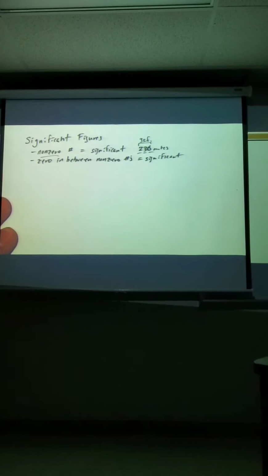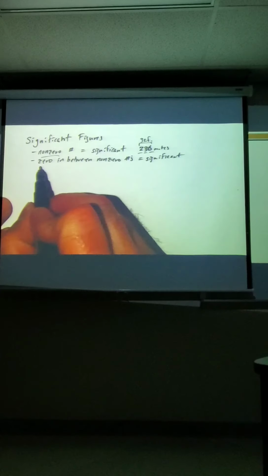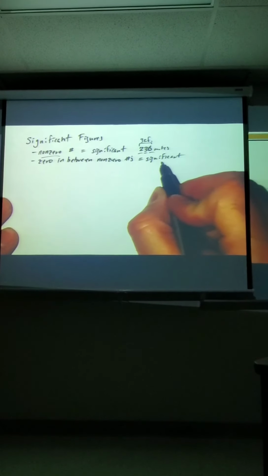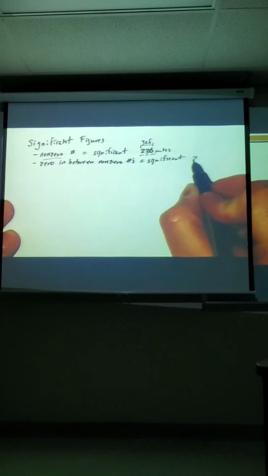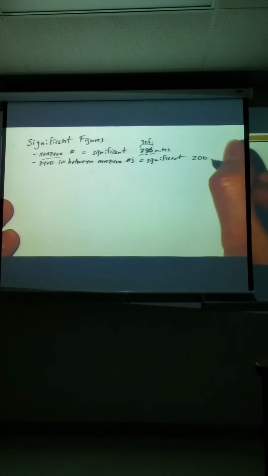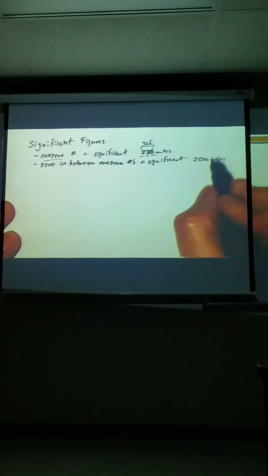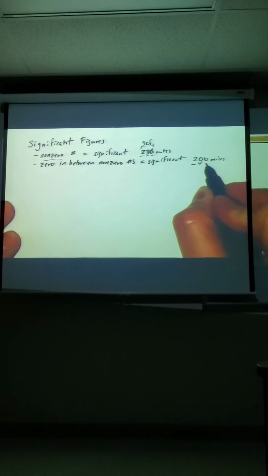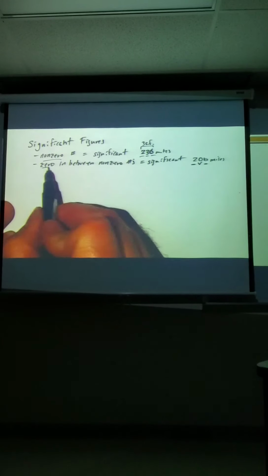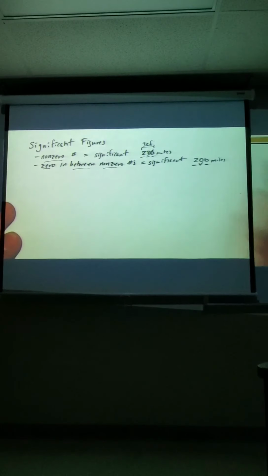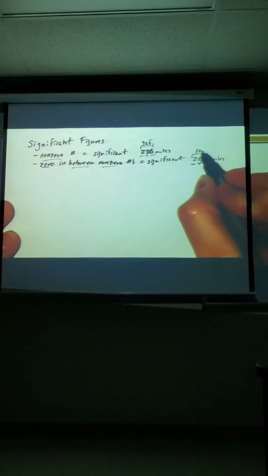If we had a 0 there, that would change everything. We'll see those examples coming up. If we had, say, 206 miles, notice the 0 shows up between a 2 and a 6, which are non-zeros, so it's a 0 between non-zero numbers. And there too we have 3 significant figures.